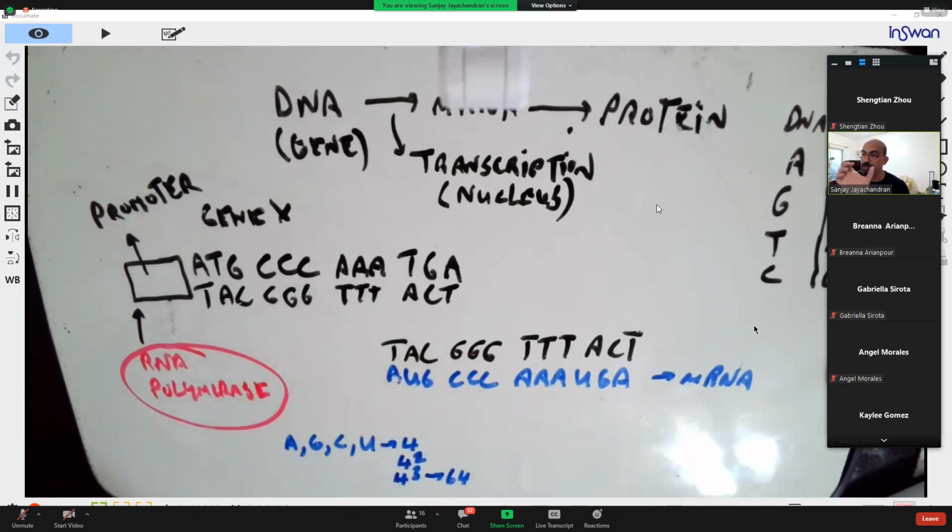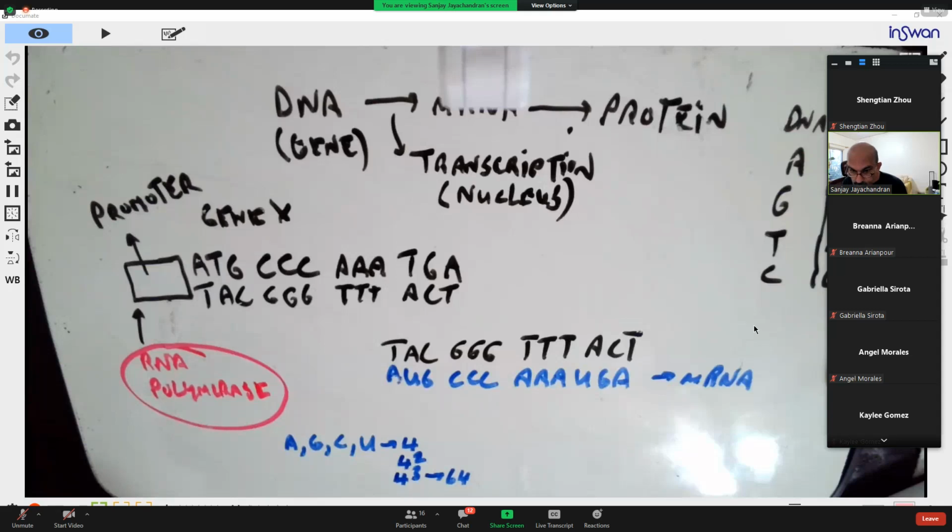They threw it into an artificial system, and they pumped out a protein of just one amino acid matching up to AUG. Then they did the same with AAA, and it pumped out another amino acid. They did this 64 different times, and it's pretty tedious. And they came up with a chart, which I'm going to show you now.